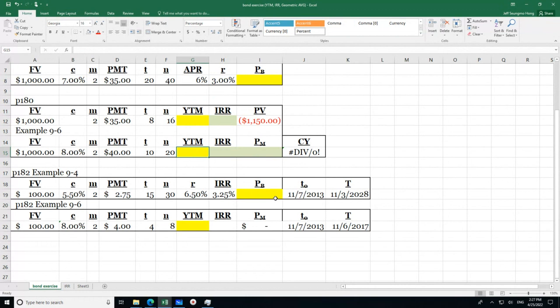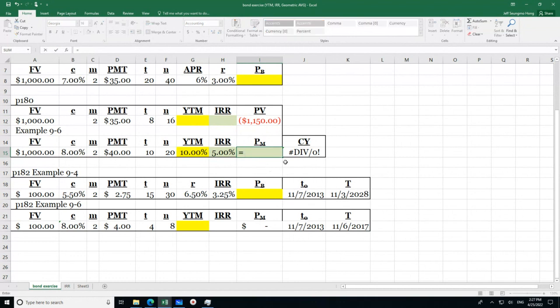I'll get to that part later. The yield was given as 10%. In other words, the discount rate is 10%. The half-year rate, of course, is then 5%. What should be the price?